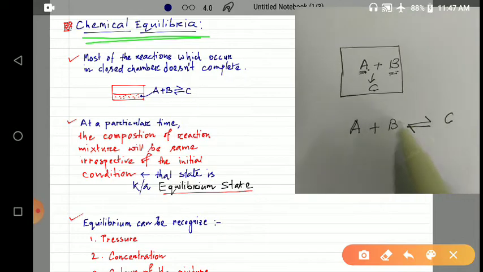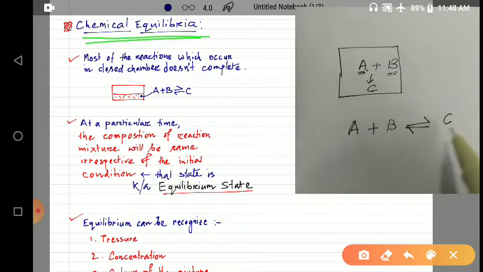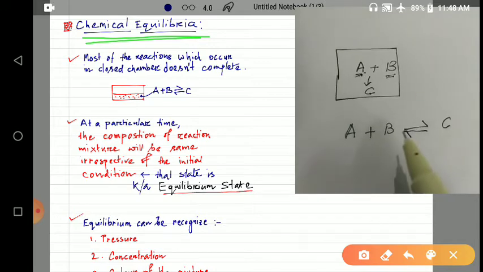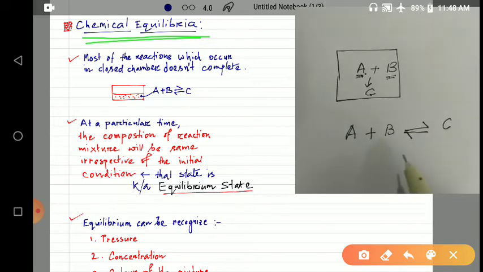So C can be formed from A and B, and A and B can also be formed again from C.